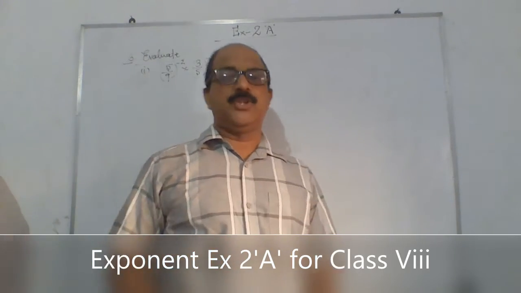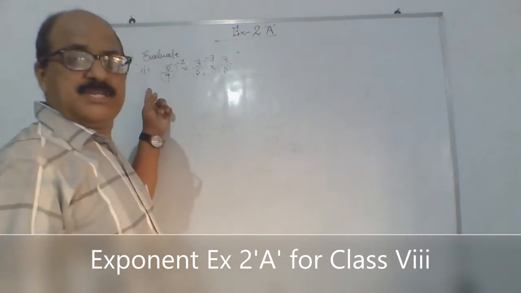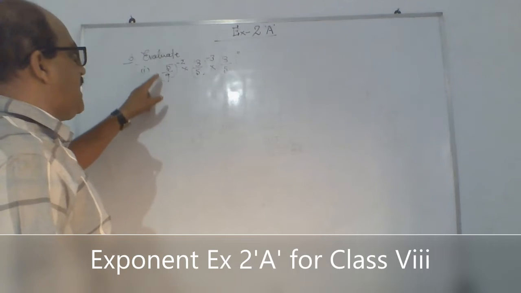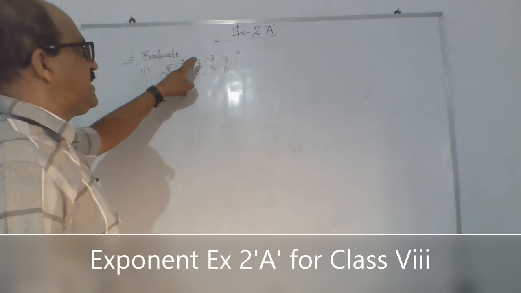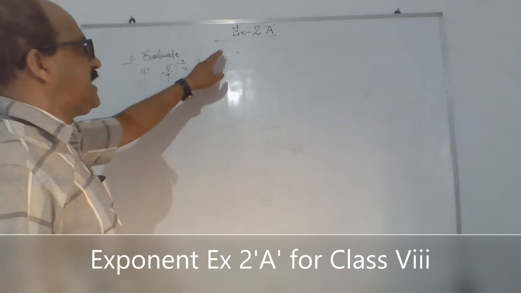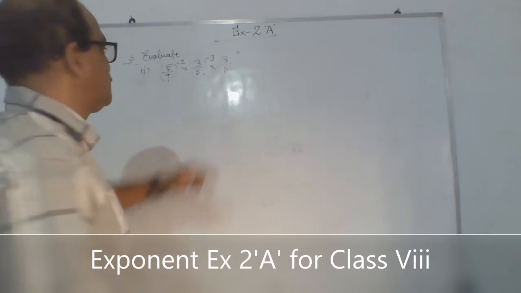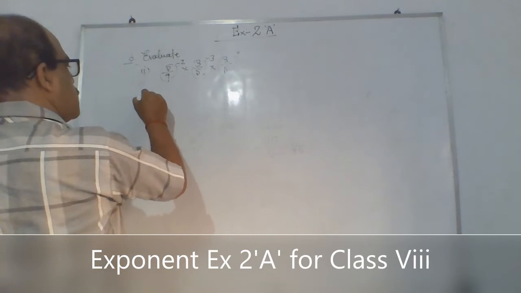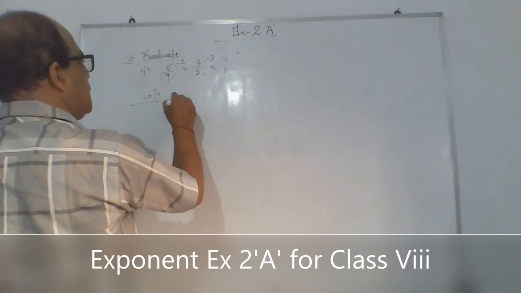See here, question number 3. The question is written: 5 by 9 to the power minus 2, 3 by 5 to the power minus 3, and 3 by 5 to the power 0. Solution here.